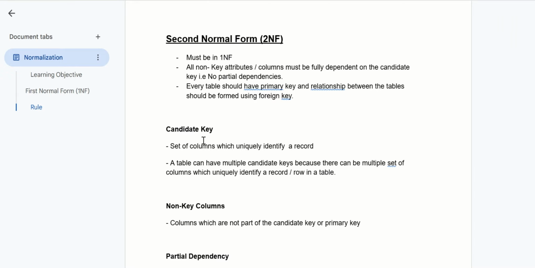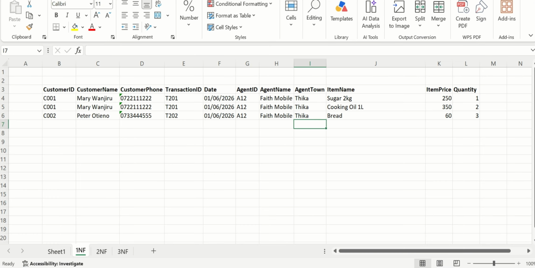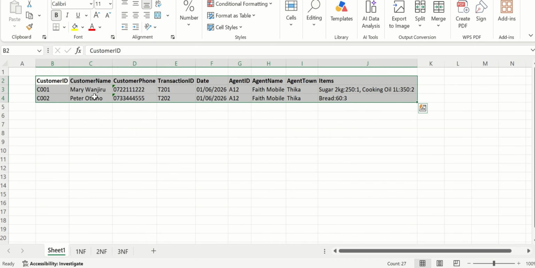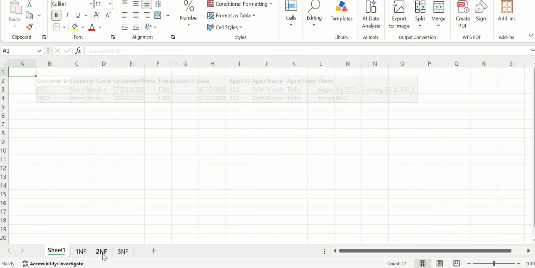Second normal form, first of all, it must be in the first normal form. So that means we cannot take this original table, which is not in first normal form, and start applying the second normal form.